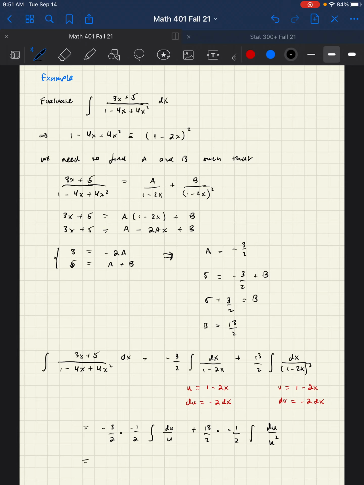So putting it all together, this becomes 3/4 natural log of absolute value of 1 minus 2x plus as well, because then there's another negative that comes out, plus 13/4 times 1 over 1 minus 2x plus c.